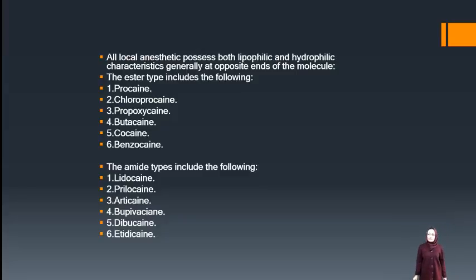The ester type includes the following: 1, procaine, 2, chloroprocaine, 3, propoxycaine, 4, butacaine, 5, cocaine, and 6, mesocaine. The amide types include the following: 1, lidocaine, 2, prilocaine, 3, articaine, 4, bupivacaine, 5, mepivacaine, and 6, etidocaine.